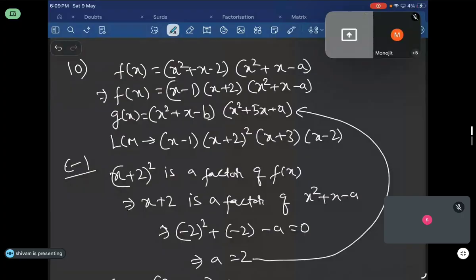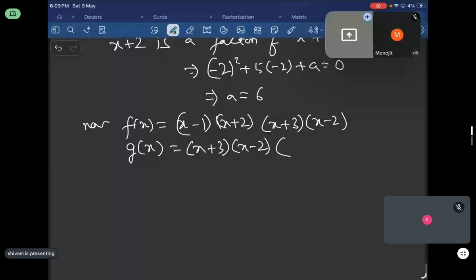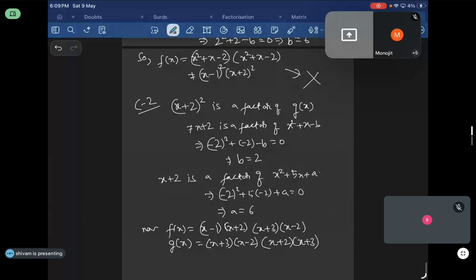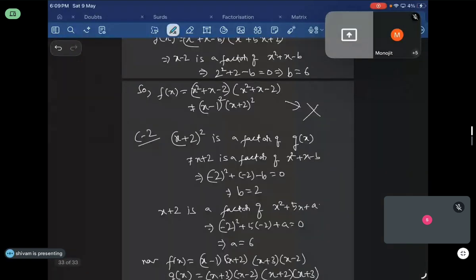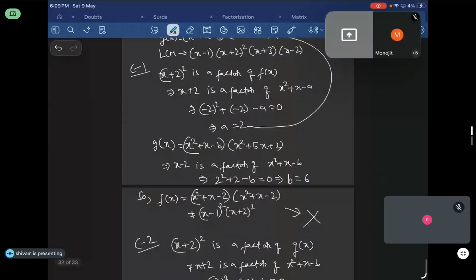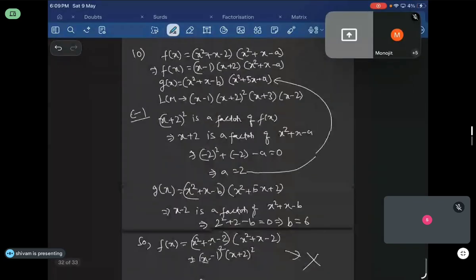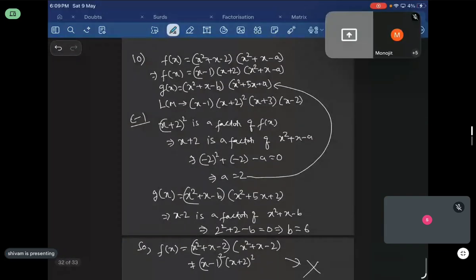Okay, just check whether I am doing it correctly or not. Is it clear to everyone? Tell me. So a should be equal to 6 and b should be equal to 2. Is your answer.